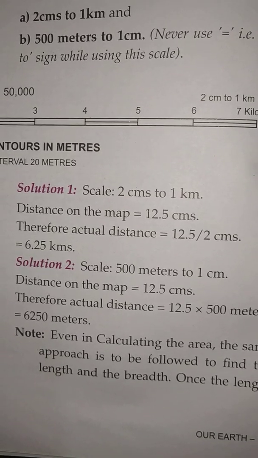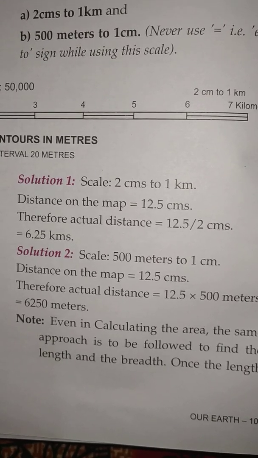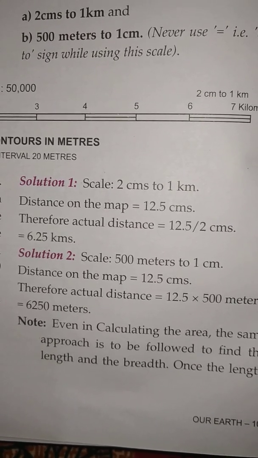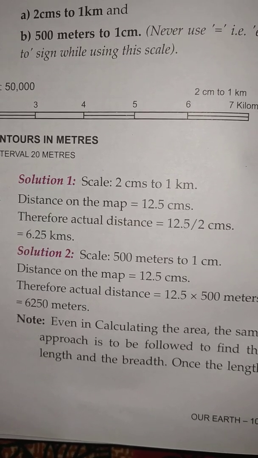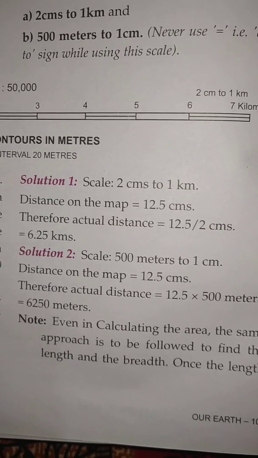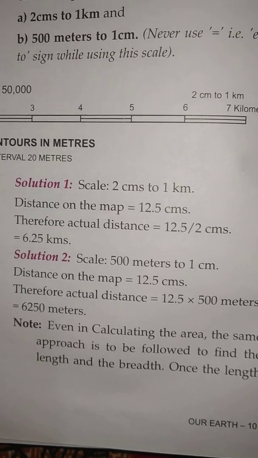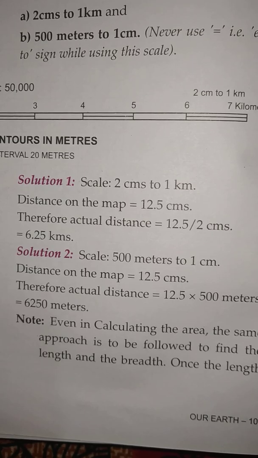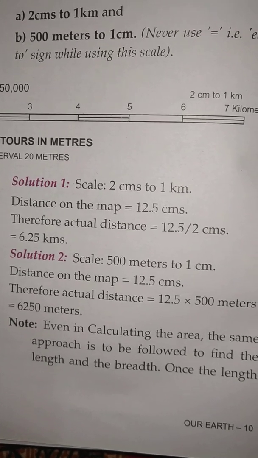The distance on the map is already given as 12.5 centimeter. That means 1 centimeter is equal to 500 meter. Therefore actual distance will be 12.5 into 500 meters, and the answer is 6250 meters, that is 6.25 kilometers.